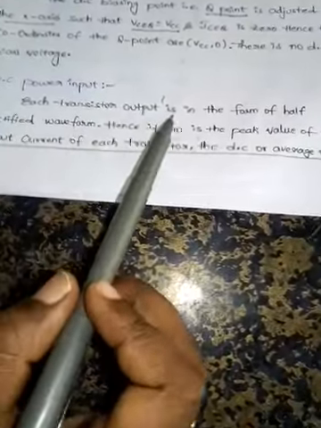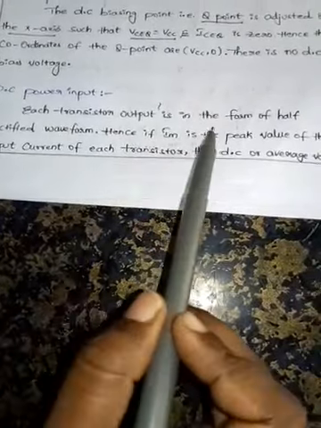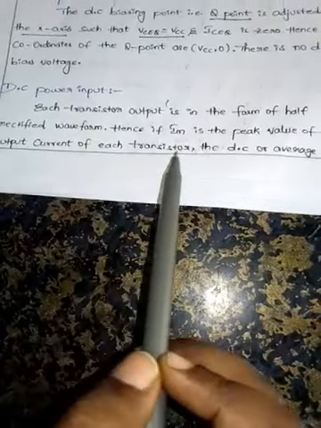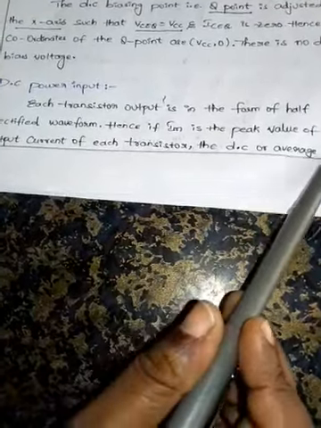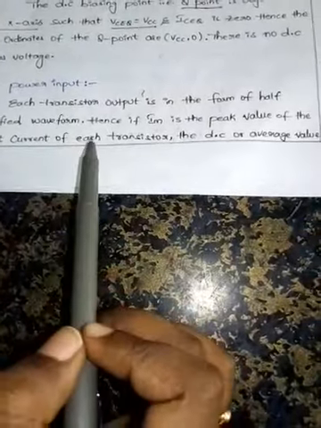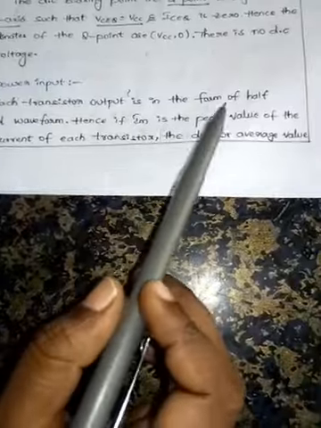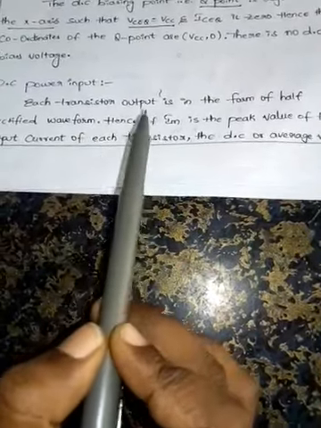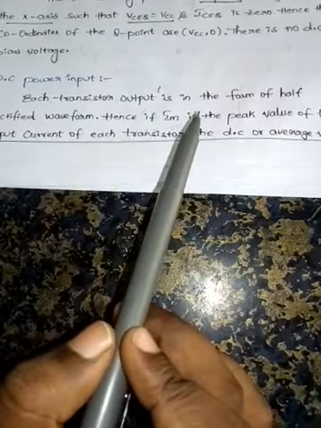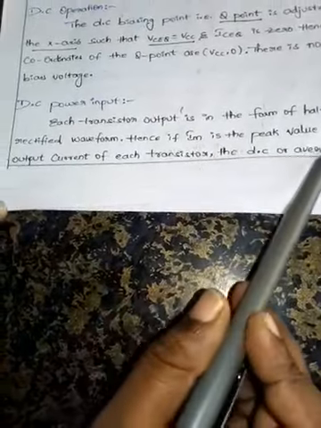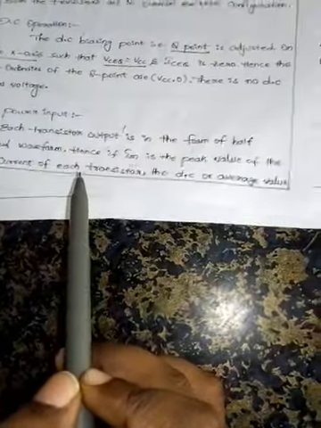Next, coming to the DC power input, each transistor output is in the form of a half rectified waveform. The output we are getting is a half rectified waveform because one transistor conducts during one half cycle and the other conducts during the other half cycle. So we consider Im as the peak value of the output current.